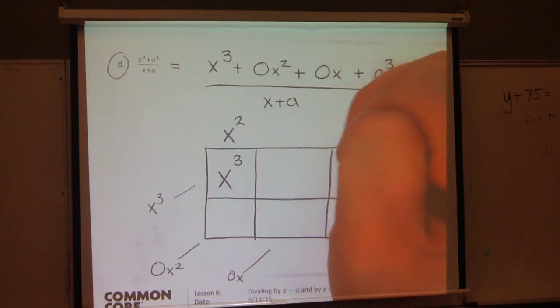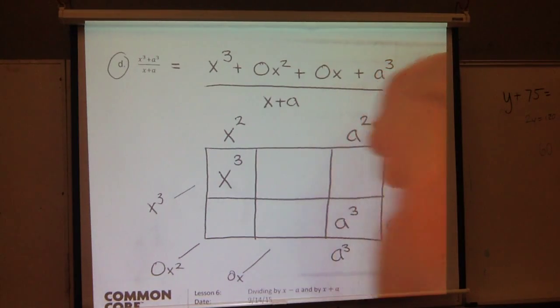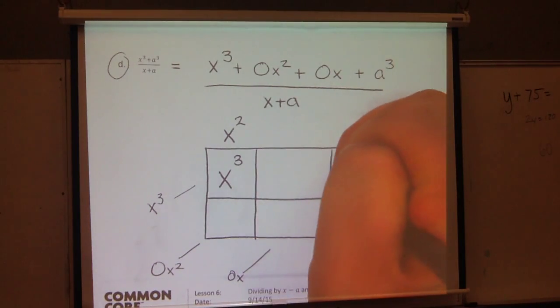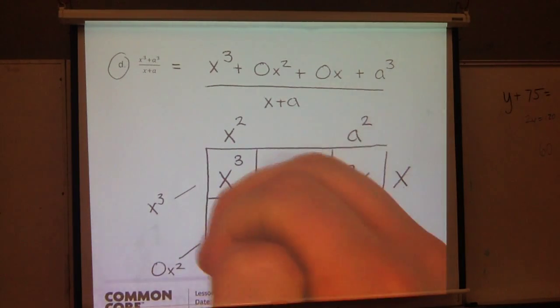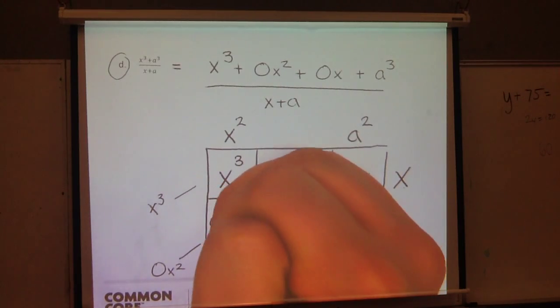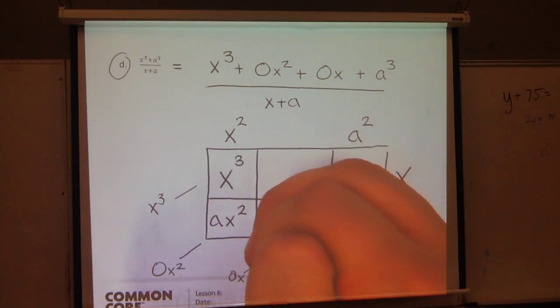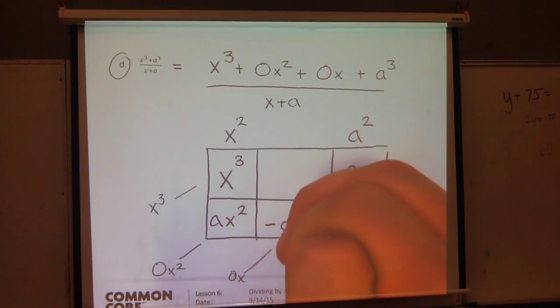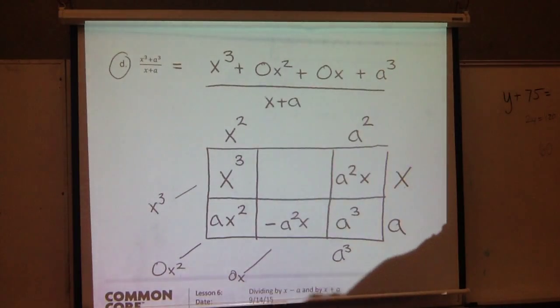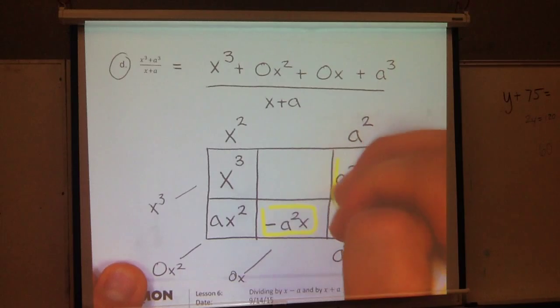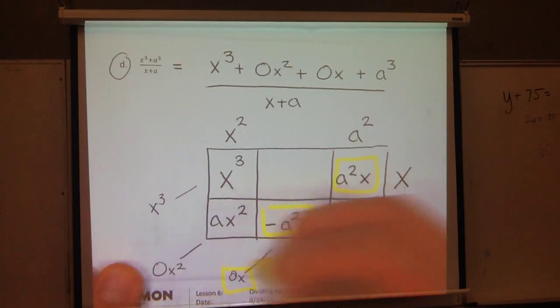Same division problem there. I get a squared. I can fill in this column here, a squared x, and I can fill in this column as ax squared. Now for these to both add up to 0, this has to be a negative a squared x, right? Both of these have to add up to this.